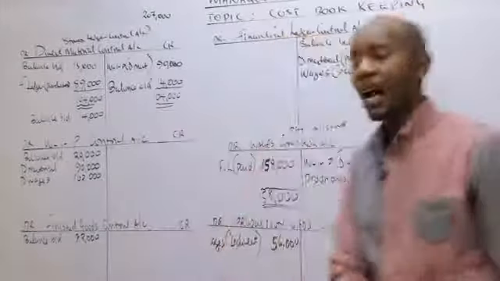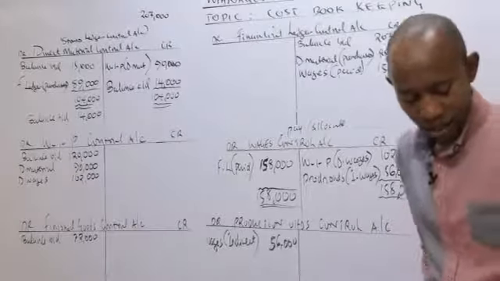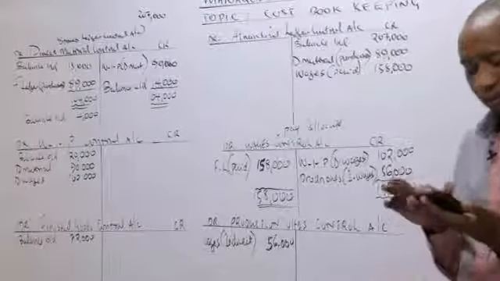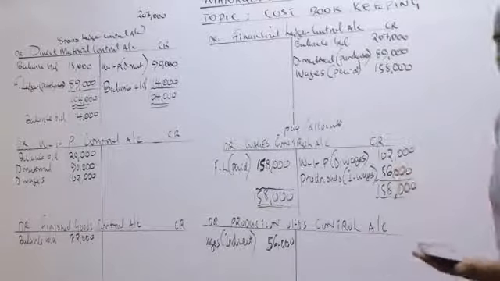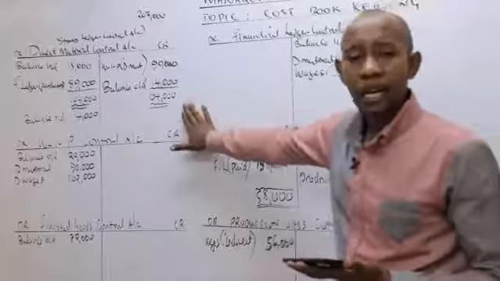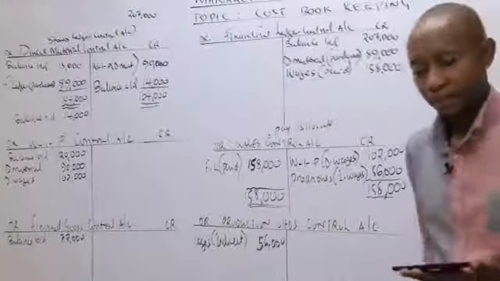Material and labor. So tell me if you are all clear up to that point. Waiting for a question on how do we write a material account and how do we write a wages control account.